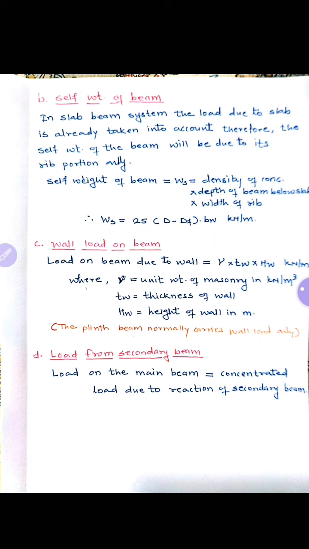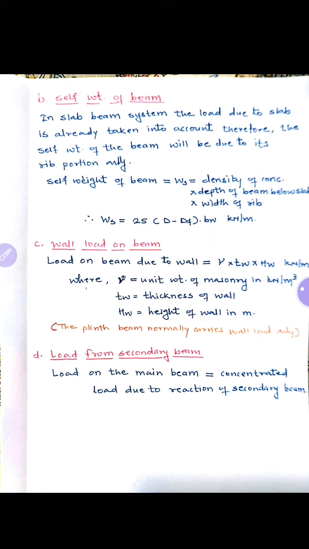But the care we have to take here is that we have already considered slab load on beam. So if it is a flanged beam, we are not going to consider the area of the flange portion, but only the area of the rib or web portion, which is below the depth of slab.